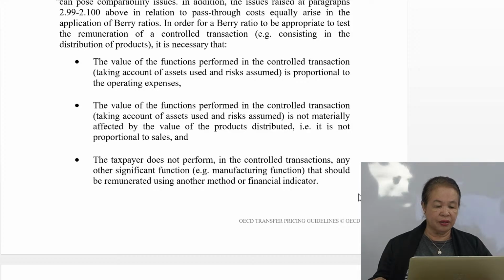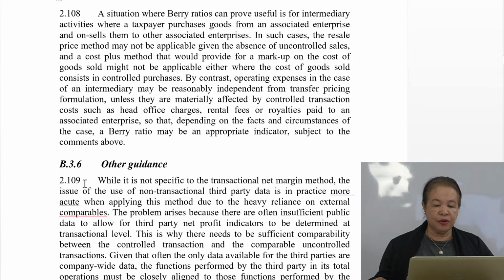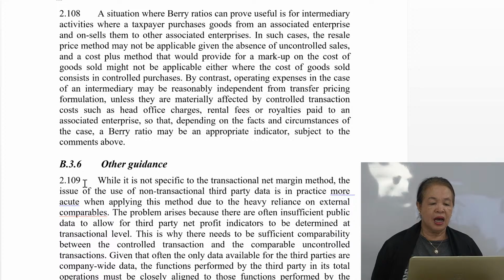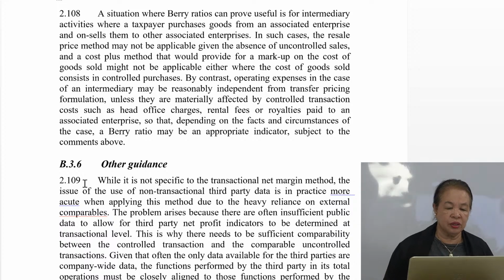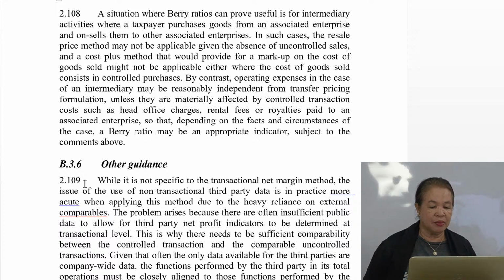A situation where Berry ratios can prove useful is for intermediary activities, where a taxpayer purchases goods from an associated enterprise and on-sells them to other associated enterprises. In such cases, the resale price method may not be applicable given the absence of uncontrolled sales, and a cost-plus method that would provide for a markup on the cost of goods sold might not be applicable either where the cost of goods sold consists of controlled purchases.